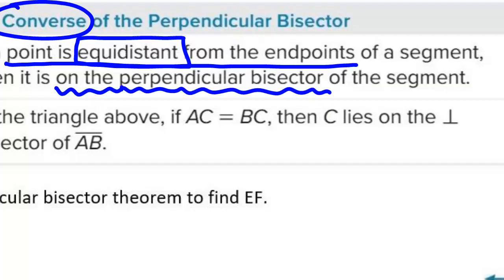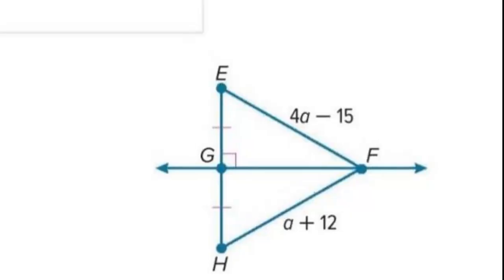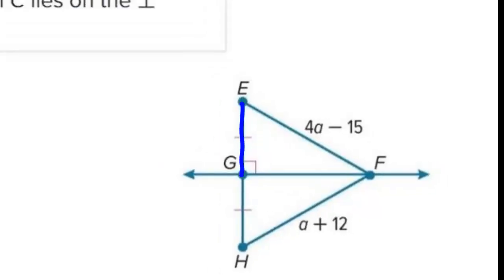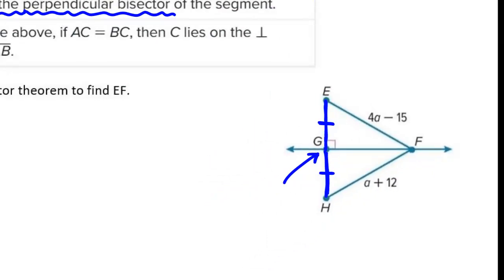So let's see if we can apply the perpendicular bisector theorem and its converse. Let's look at example number 1 here. What do you notice about EG and GH? Yep, they are congruent segments, which means G would have to be what, if on either side of it we have congruent segments? What do we call that special point there?